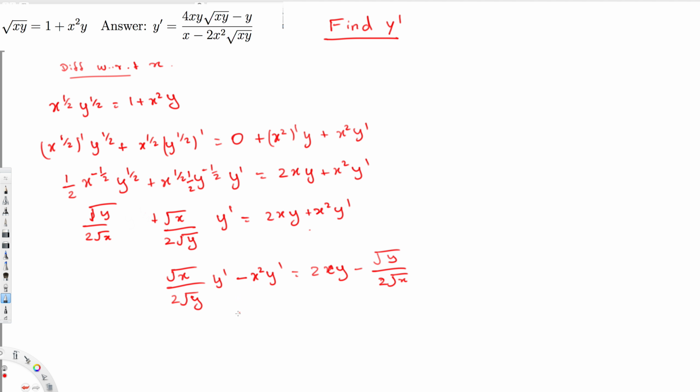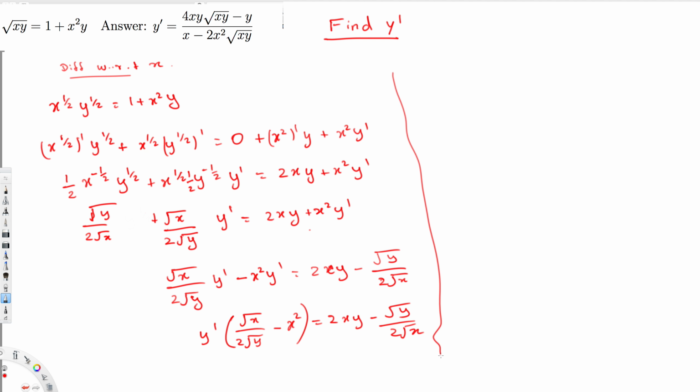Then I'm going to take the y prime common. If I take it common, it's going to become square root of x over 2 square root of y minus x squared, equal to 2xy minus square root of y over 2 square root of x. And this is one thing, and this is another thing. Now I continue on the other side.